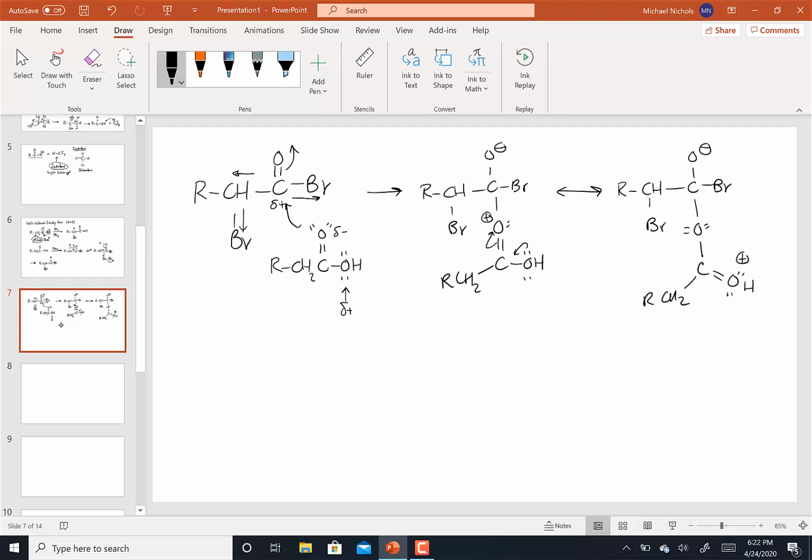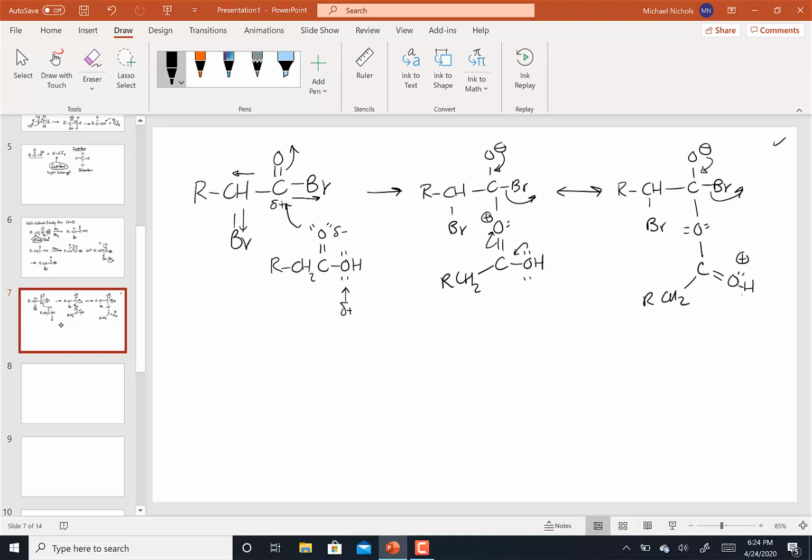So what happens next? Okay, so I'm going to bring this pair of electrons back down. I'm going to do it on this resonance structure, and when I do that, the bromine's going to leave.